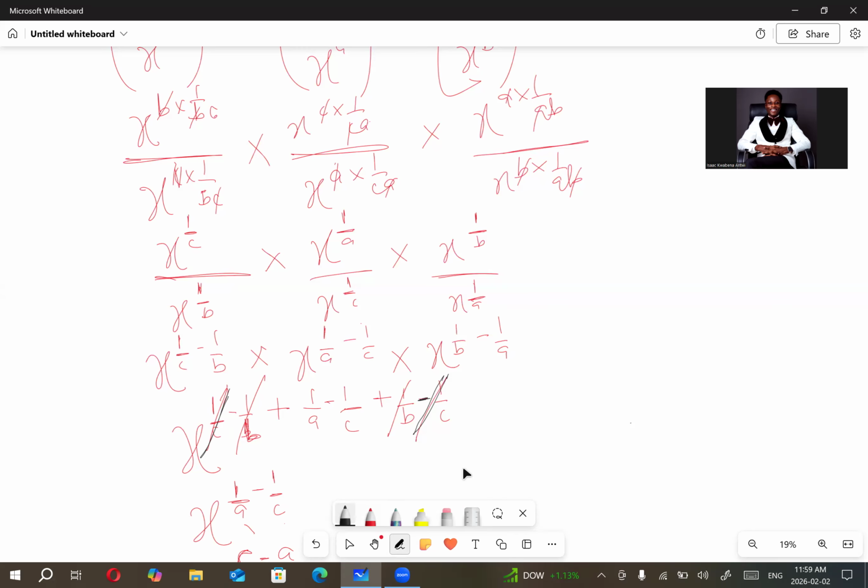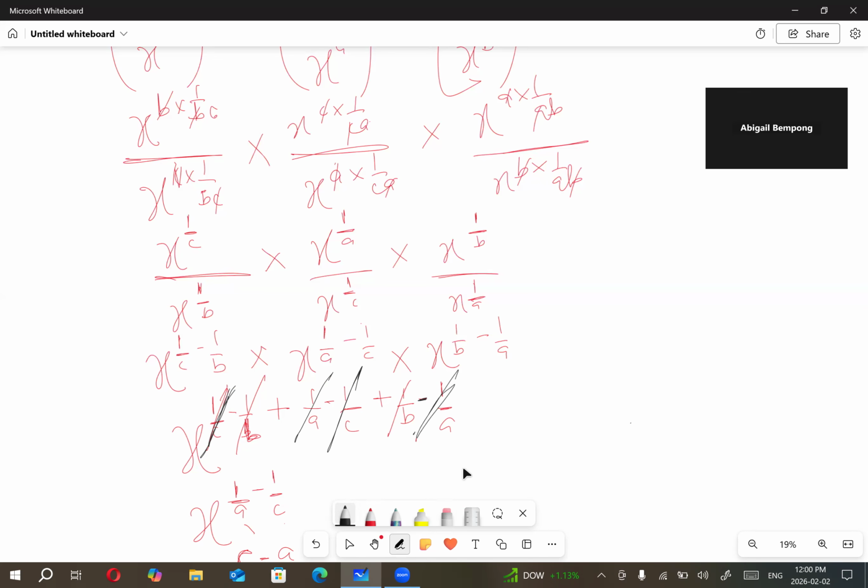1 over c minus 1 over b plus 1 over a minus 1 over c plus 1 over b. Oh, minus, it's supposed to be 1 over a here. Okay, yes. So if that is the case, let's do it again. 1 over c will cancel 1 over c, minus, 0. 1 over a will also cancel 1 over a, 0.